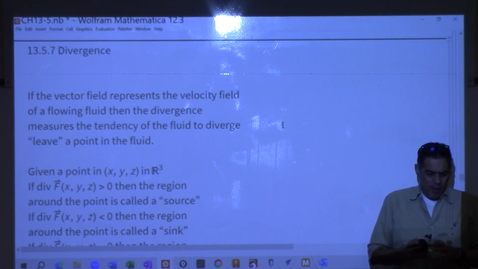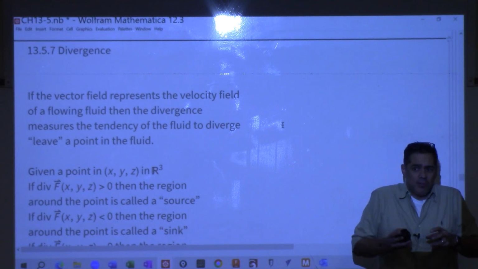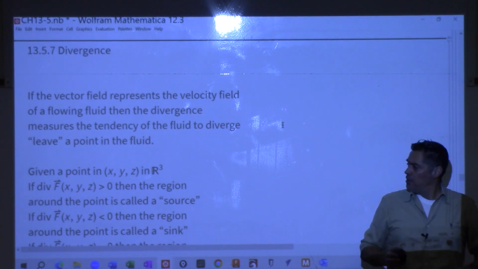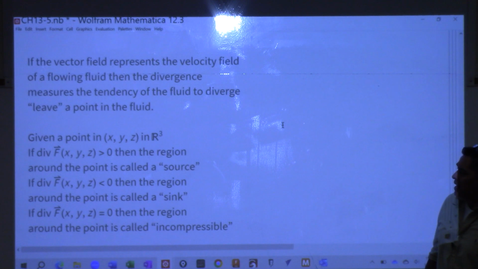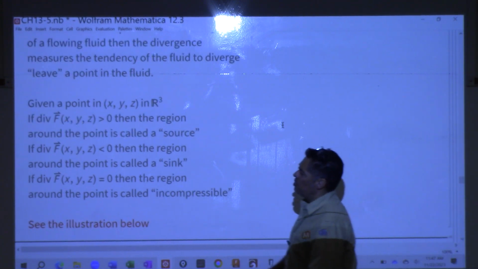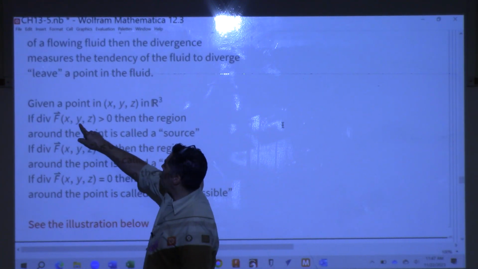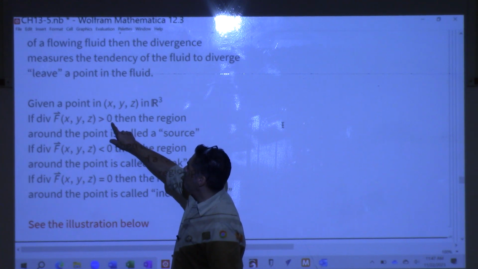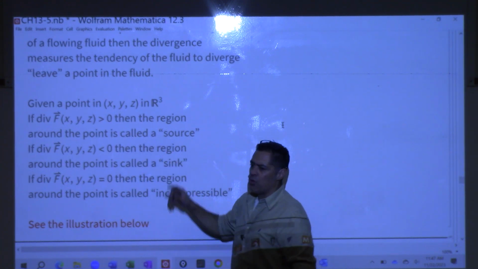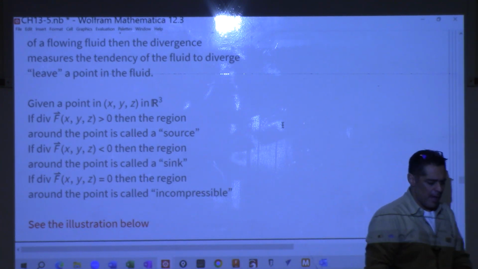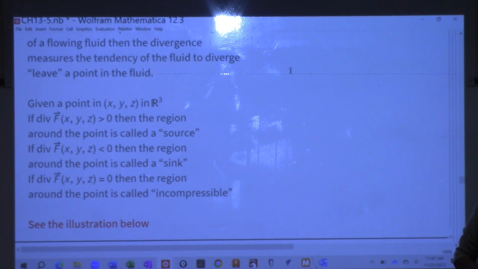Are things around it wanting to go away from it or come towards it? So the divergence is a measurement of that. If the divergence at a point is a positive number, then the region around that point is called a source. So think about positive divergence. Positive divergence means things want to go away from that point. So if you get positive divergence around a point, we call it a source.